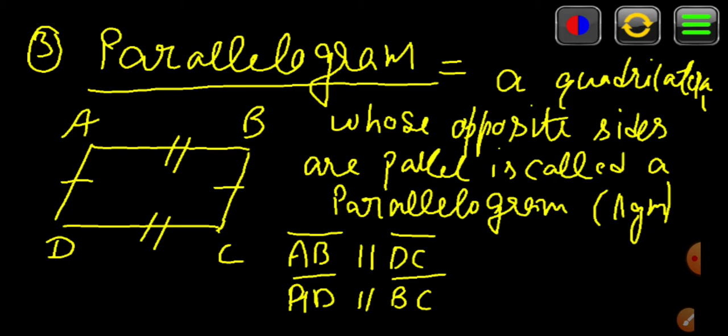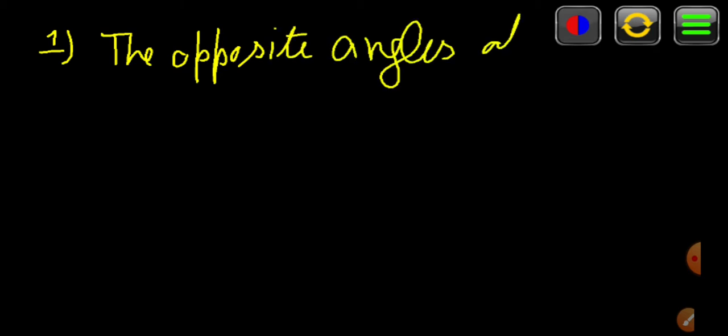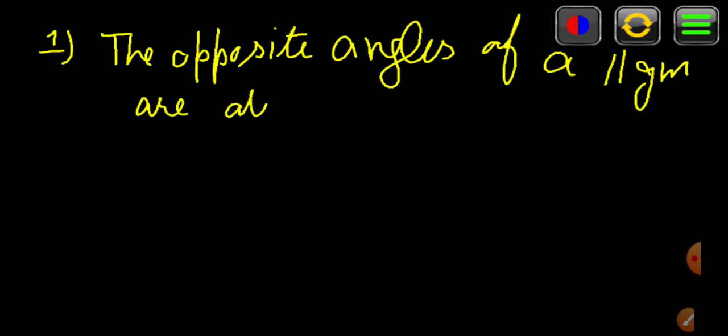Now we will check the properties of the parallelogram. First property, the opposite angles of a parallelogram are always equal.